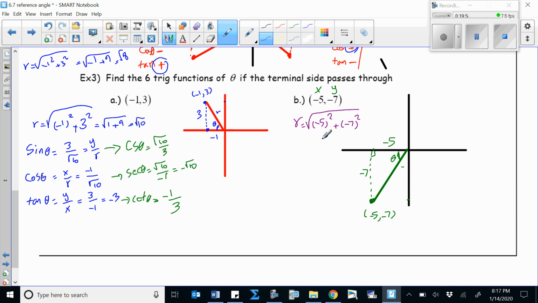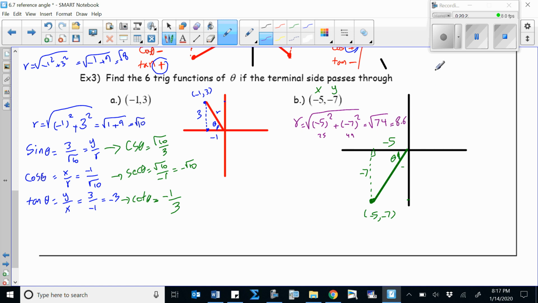Then like this. And if you calculate that, this is 25, this is 49, so that will be 74. Square root of 74. You can go ahead and find a decimal number, which is 8.5, or just keep it as radical 74. Doesn't matter which one you use, both of them are right.